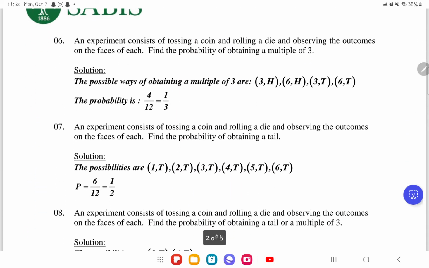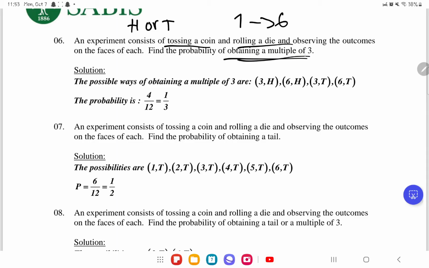Now 6. An experiment consists of tossing a coin, then rolling a die and observing the outcomes. Find the probability of obtaining a multiple of 3. So first of all, in tossing a coin, we can get either heads or tails. In rolling a die, you can get a number between 1 and 6.